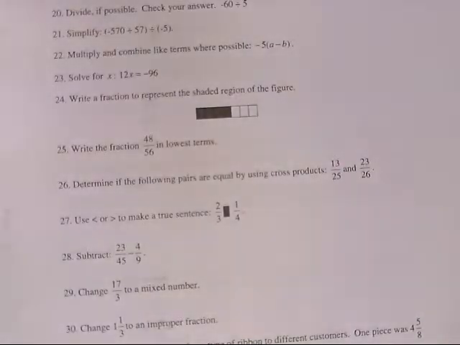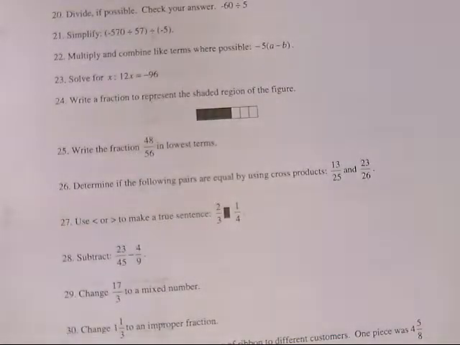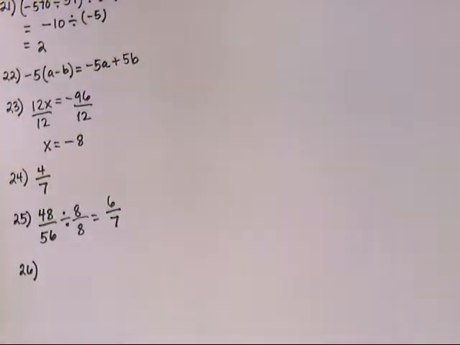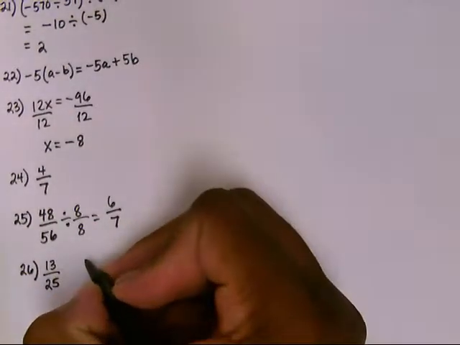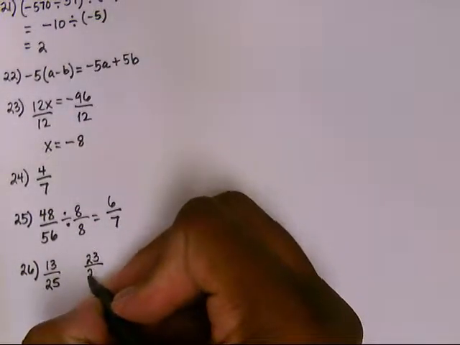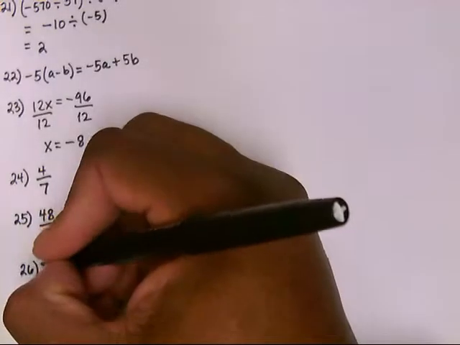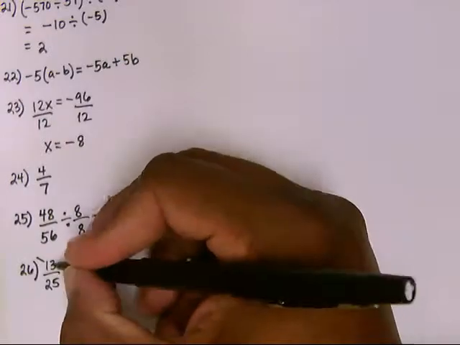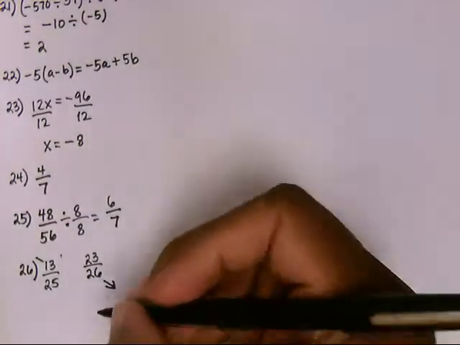Alright, number 26. Determine if the following pairs are equal by using cross products. Here we have 13 over 25 and 23 over 26. So I need to do the cross product of 13 and 26. 13 times 26 gives me 338.